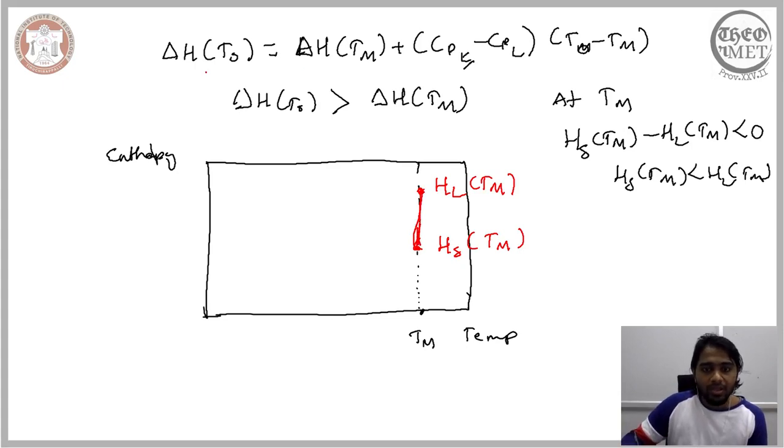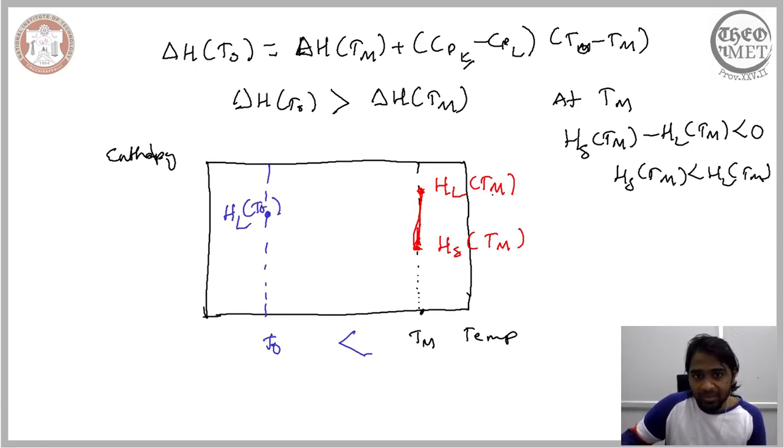Now what we are doing is considering a change in temperature. So we are moving to a new temperature, T0, and this T0 is less than Tm. And we saw that there is a way for us to relate the corresponding enthalpy of the liquid at T0 to the enthalpy of liquid at the higher temperature Tm.